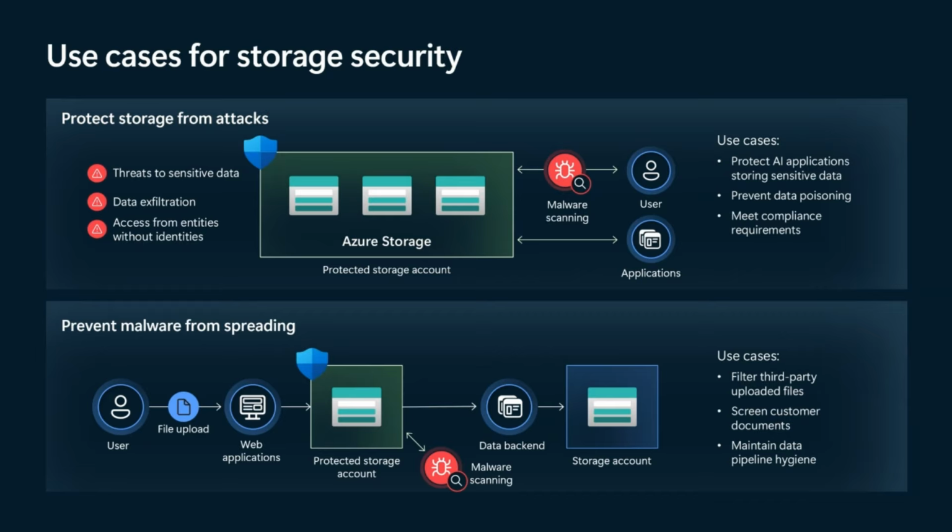This could be employee data, financial information, or data used for AI applications, for baselining and RAG. It's important to make sure that data is not corrupted, is not stolen, and does not necessarily contain sensitive data, because you don't want an application to create baselining on top of sensitive data.